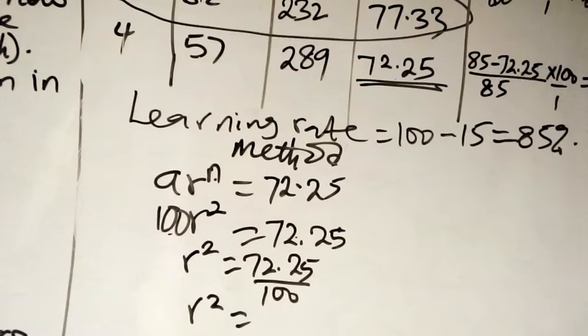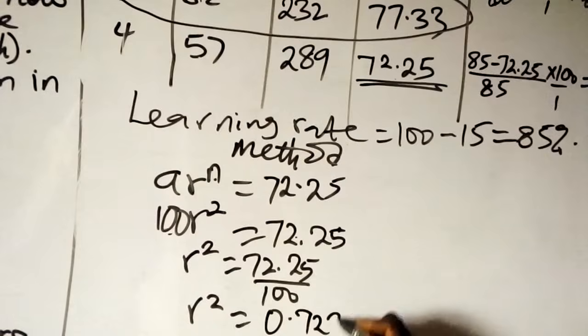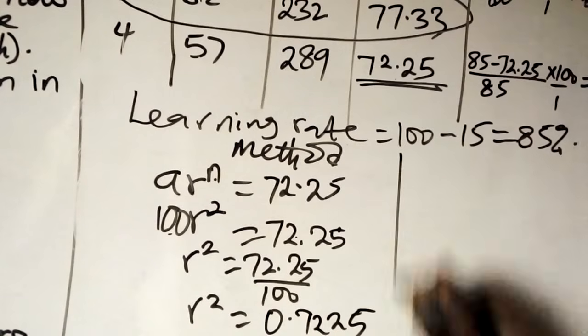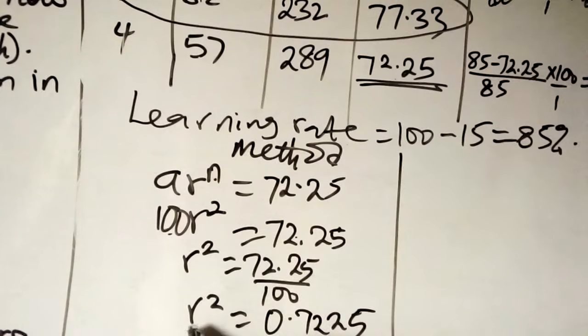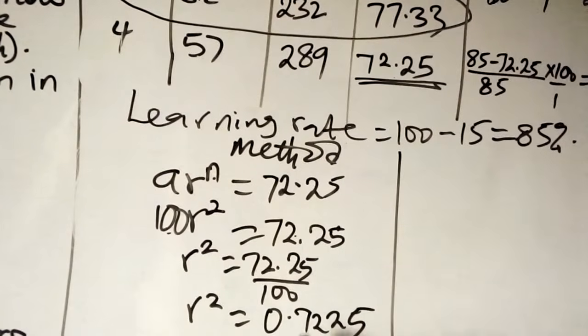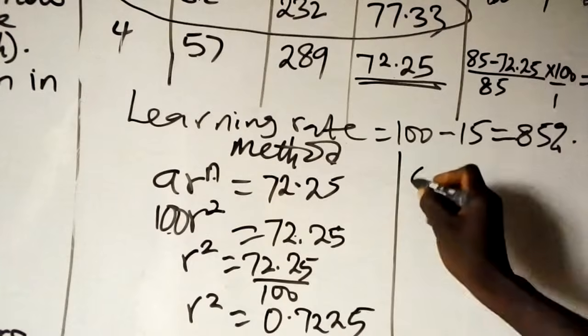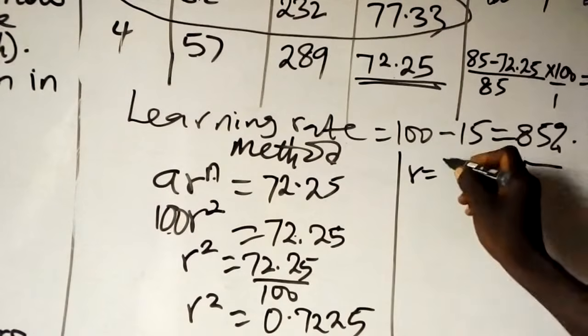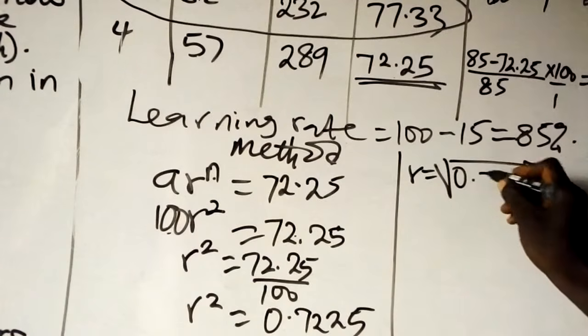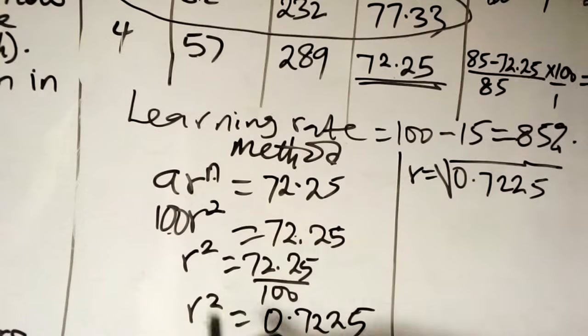Now, divide 72.25 by 100. Then you have 0.7225. So, to find the value of R, find the square root of 0.7225, because of the square.